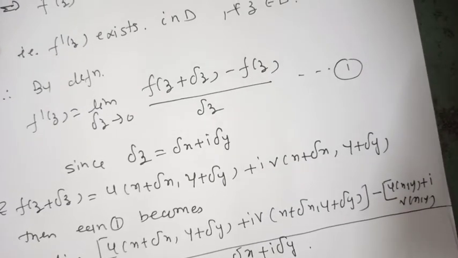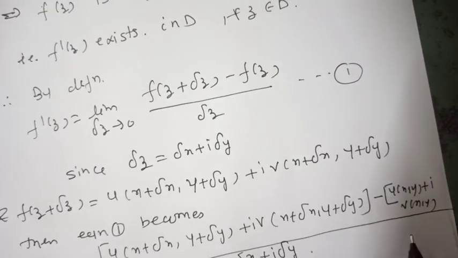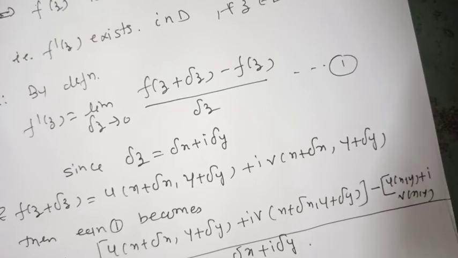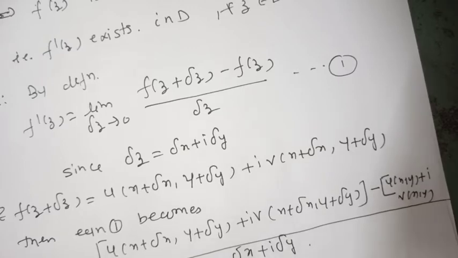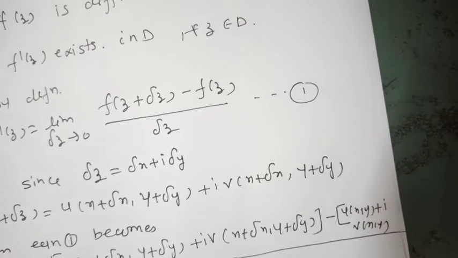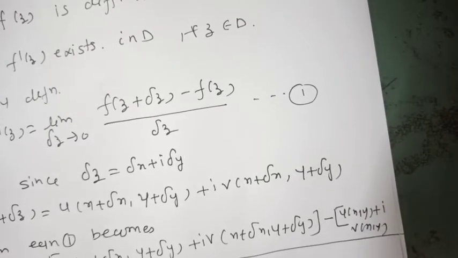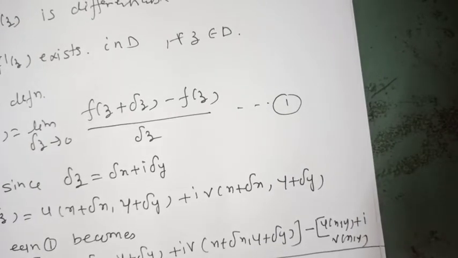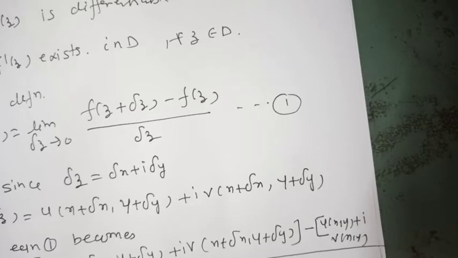Now rearranging the terms with u and v, and separating real and imaginary parts, we get limit as delta x tends to 0 and delta y tends to 0 of u of x plus delta x, y plus delta y, minus u of xy upon delta x plus I times delta y, plus, taking I common, limit as delta x tends to 0, delta y tends to 0 of v of x plus delta x, y plus delta y, minus v of xy upon delta x plus I times delta y.